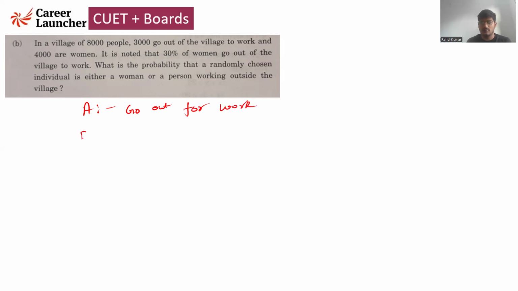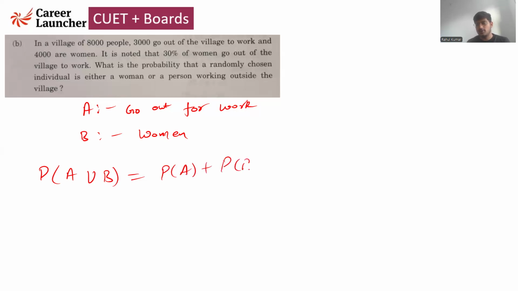I will assume B event is that the village person is a woman. Now, we need to find the probability that it is either a person who is a woman or going out for work. How can we find it? P of A plus P of B minus P of A intersection B.